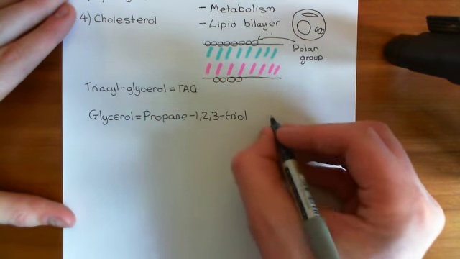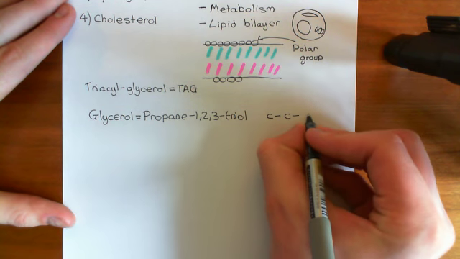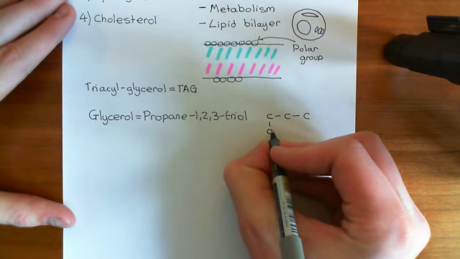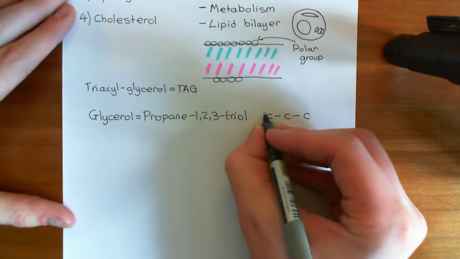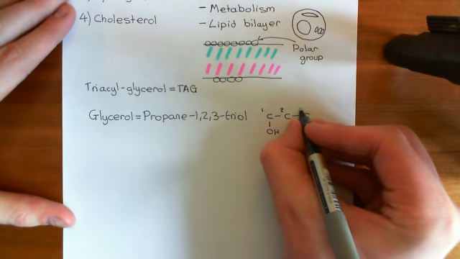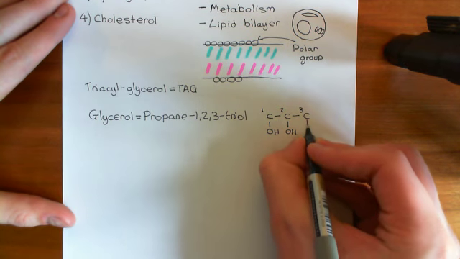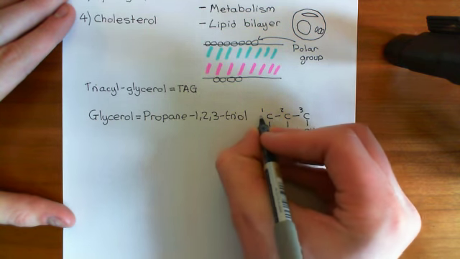So let's draw a molecular structure for this. We've got three carbons, like so. We then have an alcohol group coming off the first carbon, so let's label this one as the first, this one as the second, and this one as the third. We've then got an alcohol group coming off the second carbon and an alcohol group coming off the third carbon.